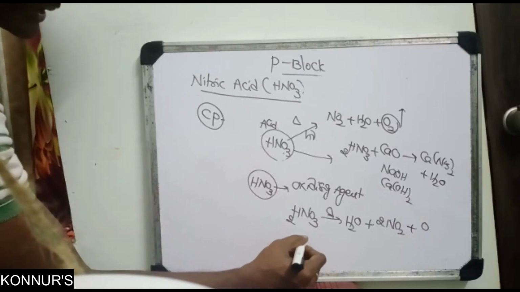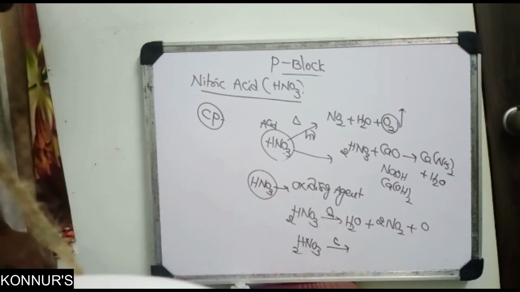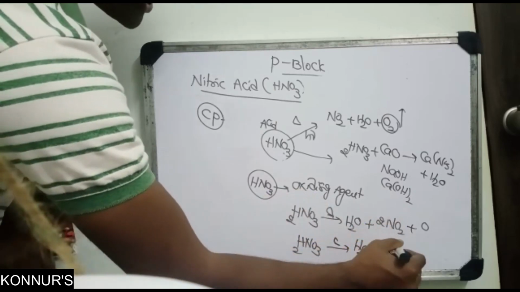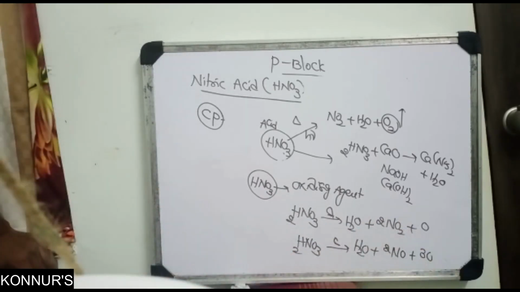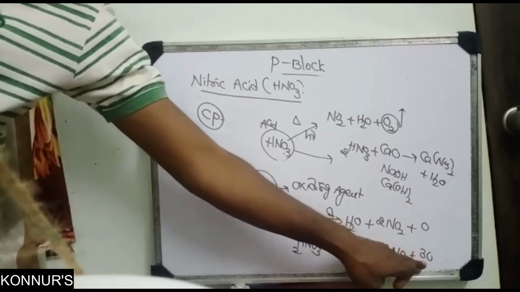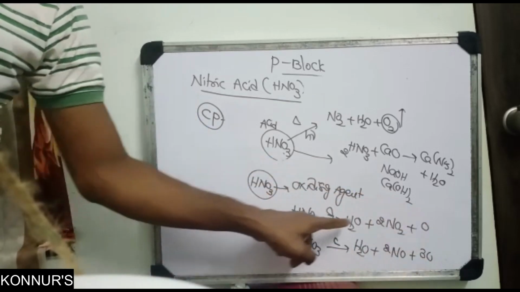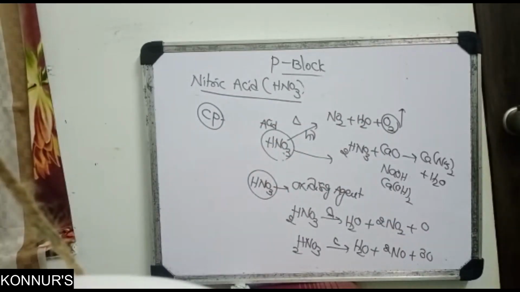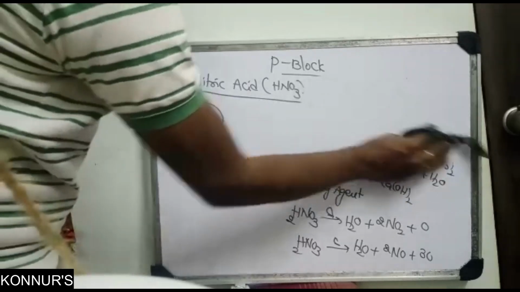Otherwise 2 moles of HNO3 we heat, so water is coming outside here. 2 moles of NO2 you take, 3 nascent oxygens. So this is more powerful because 3 oxygens are coming here, not 1 oxygen. So these are supplying nascent oxygen, so these are acting as strong oxidizing agents.